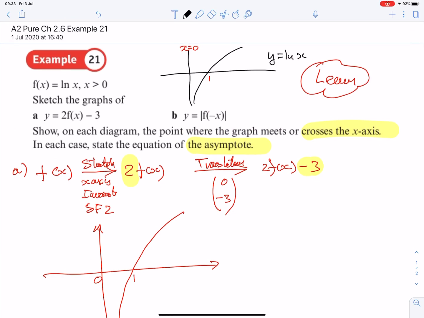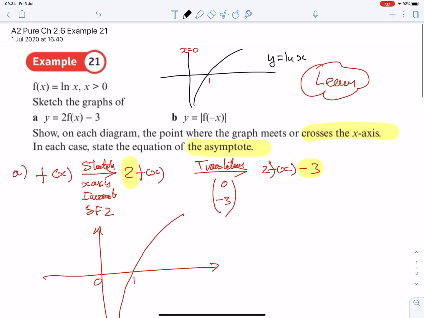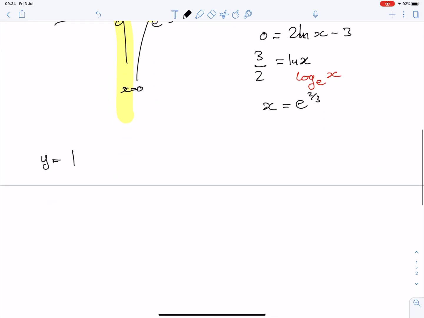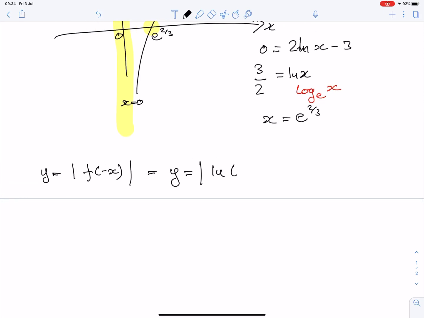Okay, part b, y equals the modulus of f of negative x. So that's the same as y equals the modulus of ln of minus x.